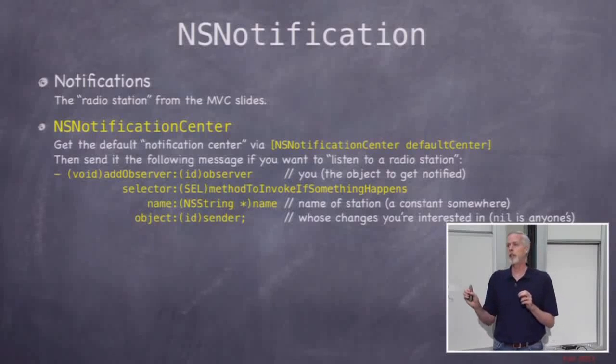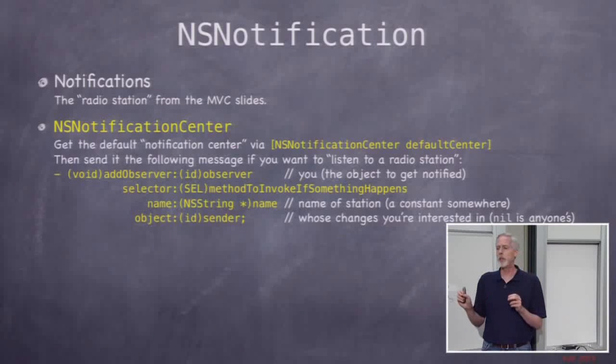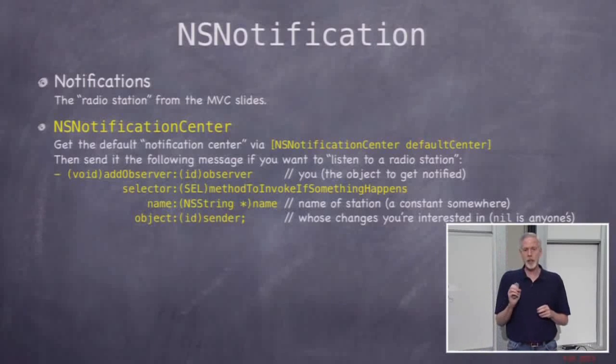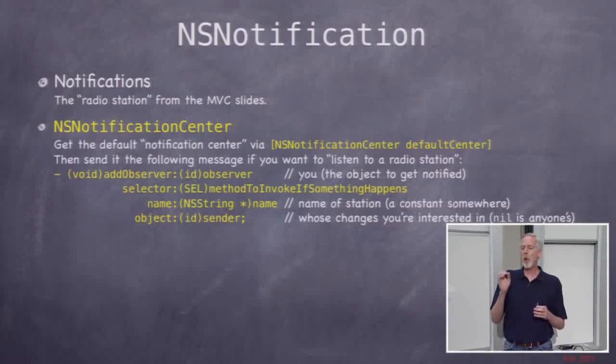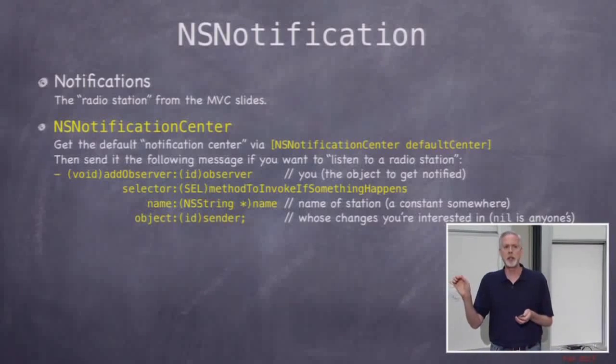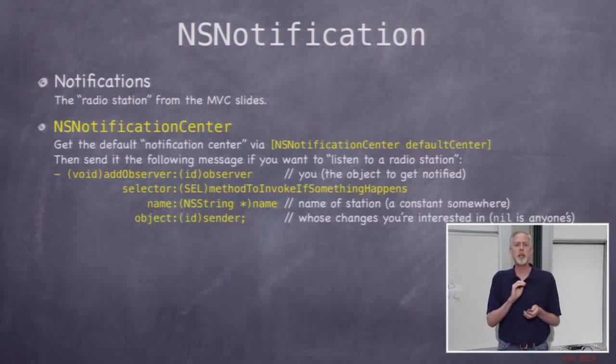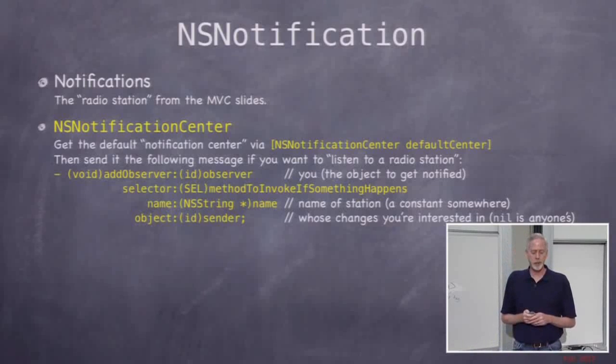Name is the name of the radio station. Okay, which radio station you want to listen to. And sender there, object sender, that's if you only want to listen to radio station broadcasts that come from a certain other object. Often you pass nil here, which means if anyone broadcasts on that frequency, I want to hear it. Okay? But it is possible in certain cases to say I'm only interested in changes in the radio station generated by this object. So that's what you would put as the sender there.